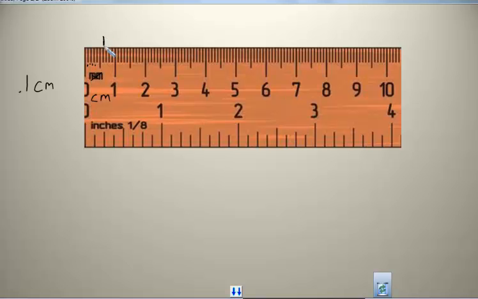Okay? Now let's say that we are trying to measure some of these arrows. I'll do this last one first. If we're trying to measure this arrow, it's between 6.1, 6.2, and from what I can see, it's between 6.2 and 6.3.